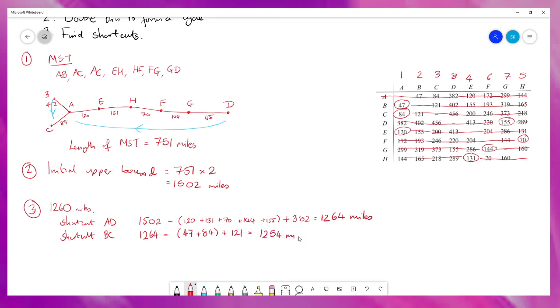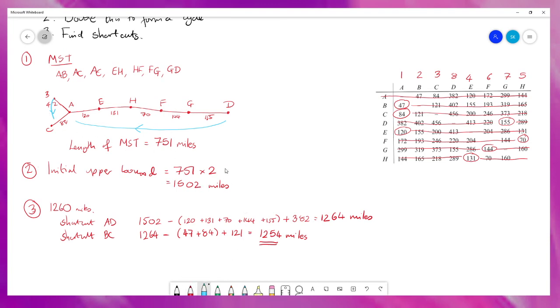That gets us down below the 1,260 miles that we're looking for. So this is our improved upper bound, and you can see it's a vast improvement. We've saved almost 250 miles off our initial upper bound by just making two shortcuts.